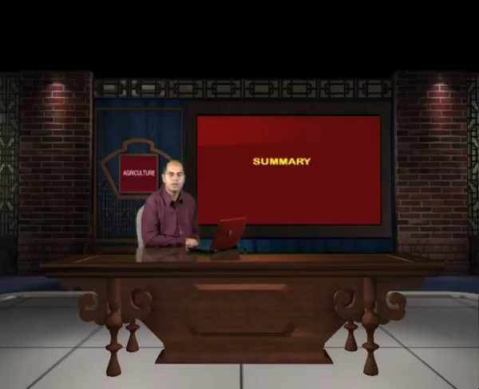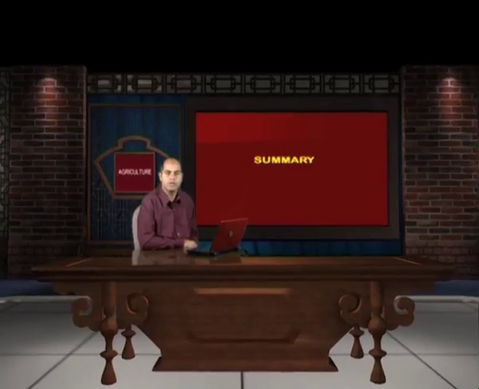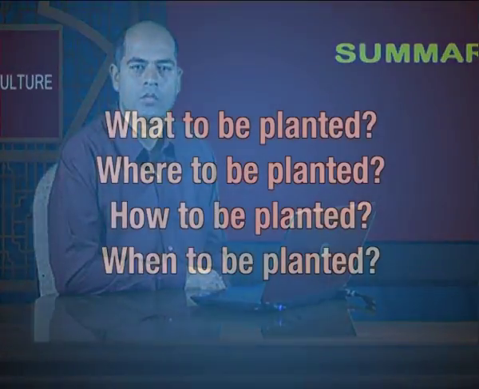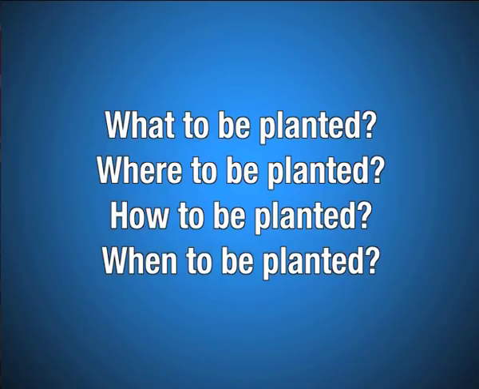Dear viewers, today we have discussed the establishment of an orchard, selection of site and systems of planting. As you all know, establishment of an orchard is a long-term investment and requires meticulous planning about what to plant, where to plant, how to plant and when to plant. While establishing an orchard, pre-planning about the pathways, the system of irrigation, the fencing and the windbreaks is very essential.